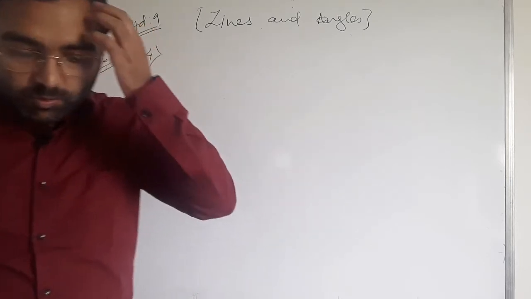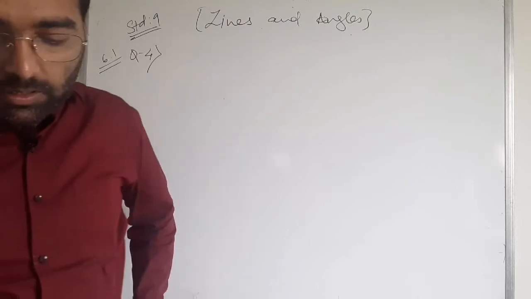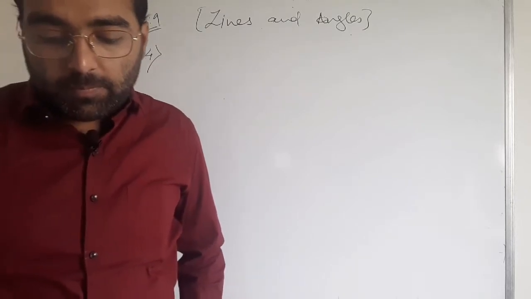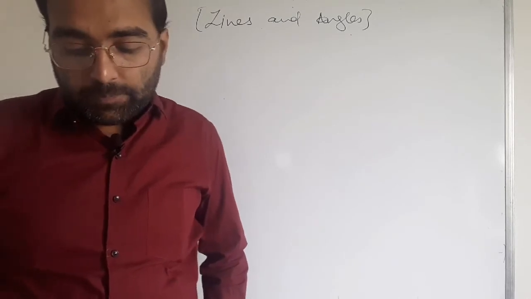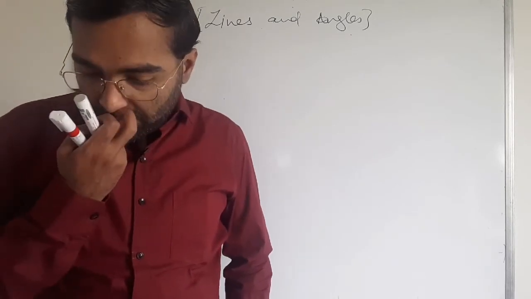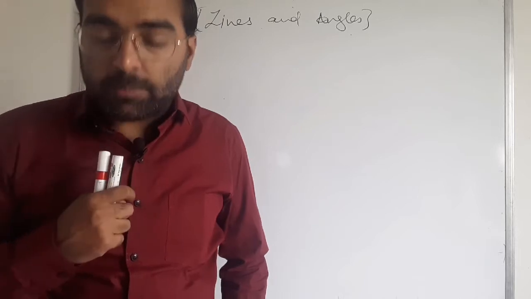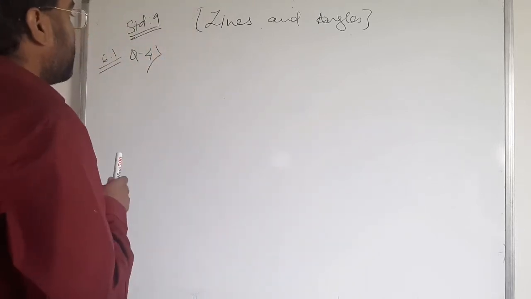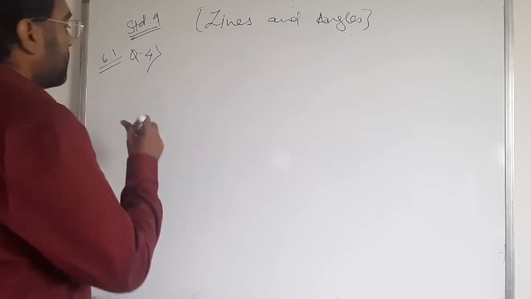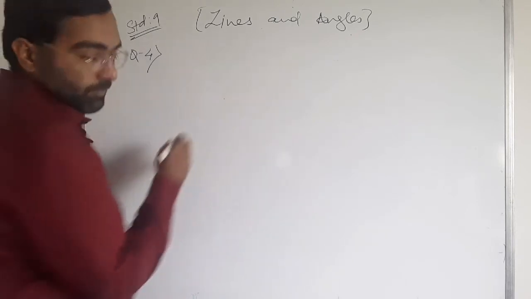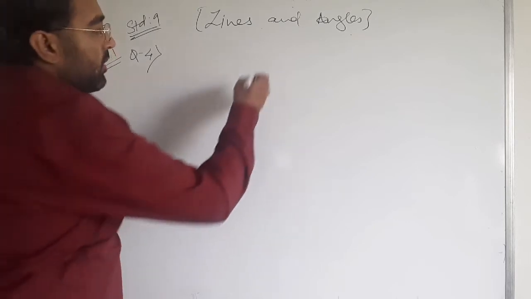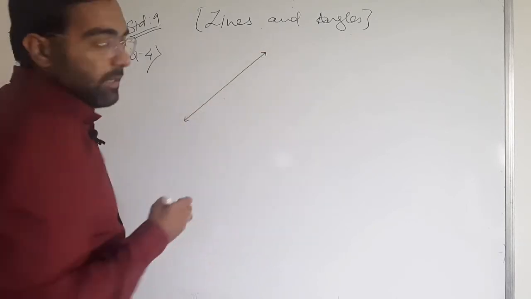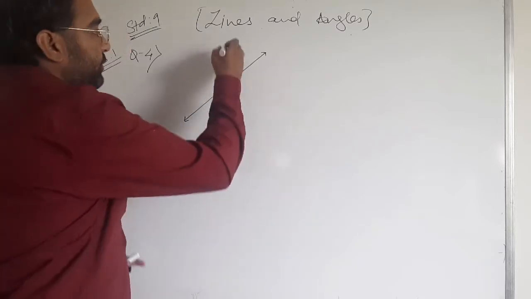Question number 4 is: in the given figure, if x plus y is equal to w plus z, then prove that AOB is a line. So first of all we have to draw the figure.